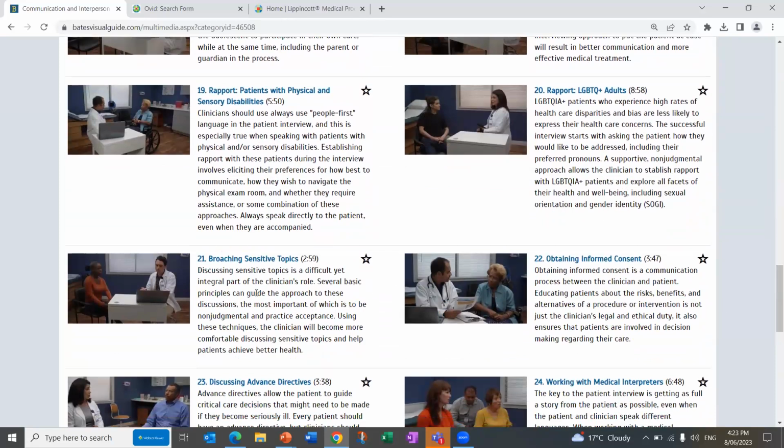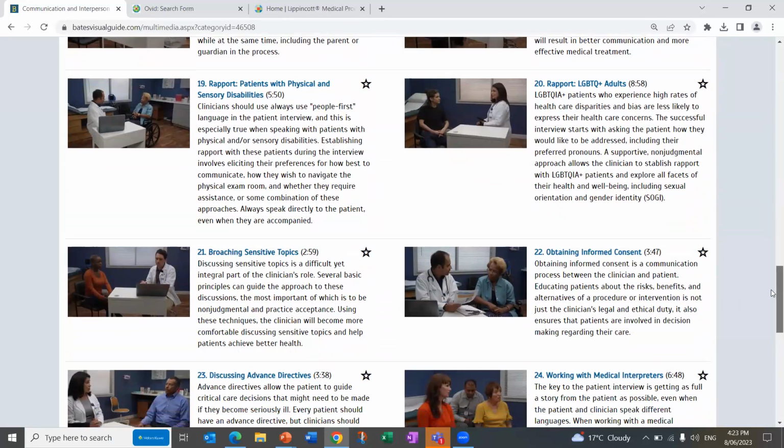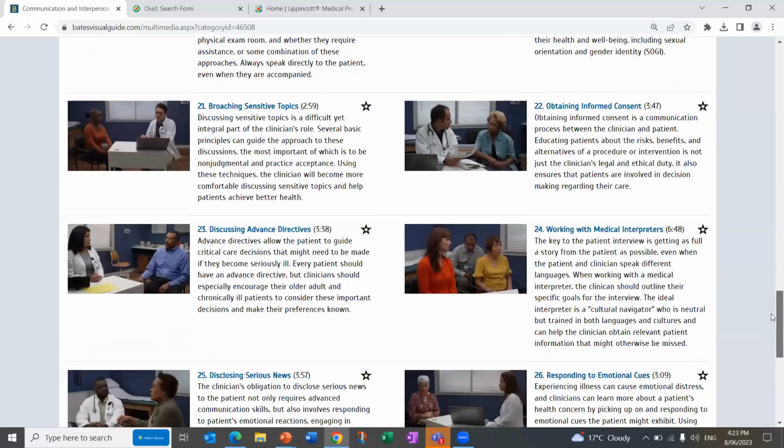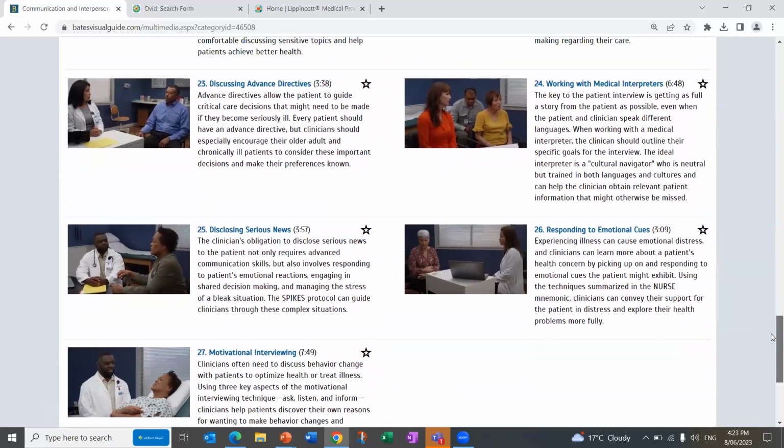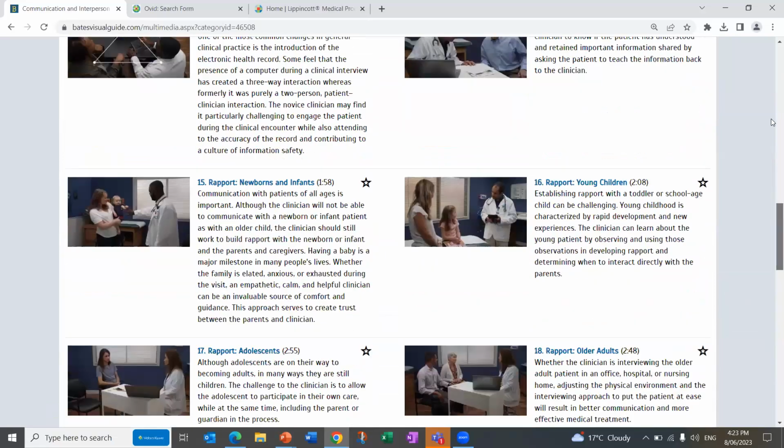So we might be thinking about broaching sensitive topics, giving them advice about limiting their smoking, their drinking. We might be interested in responding to the way that they feel, because at the moment they have an abdominal pain. They may not be very receptive to our advice at that point. So we may be guiding them through this process.